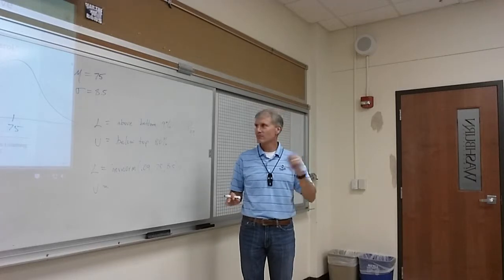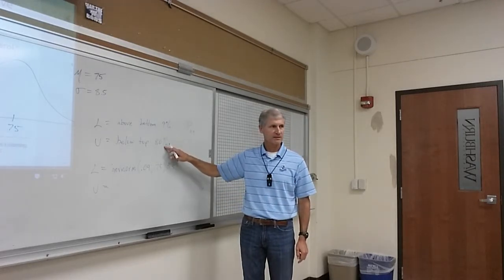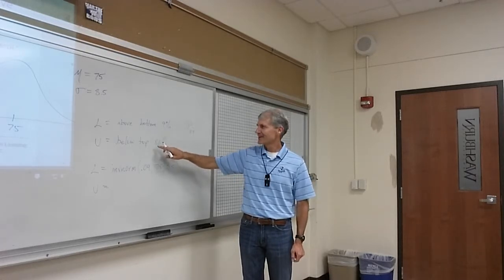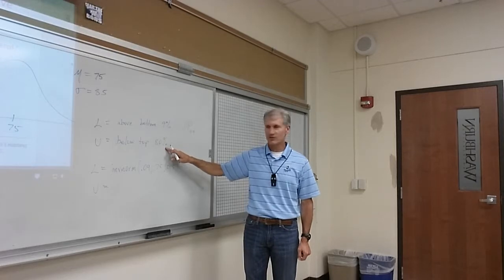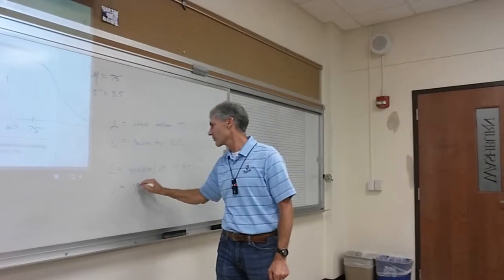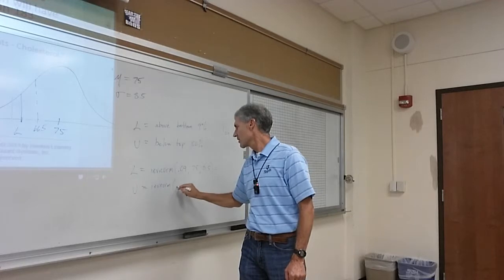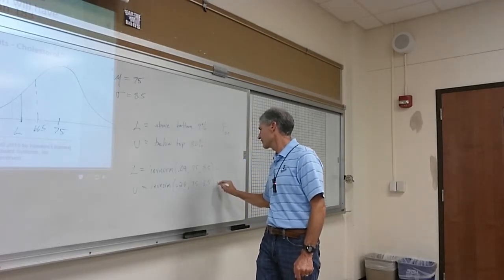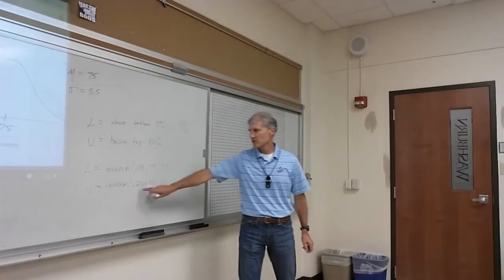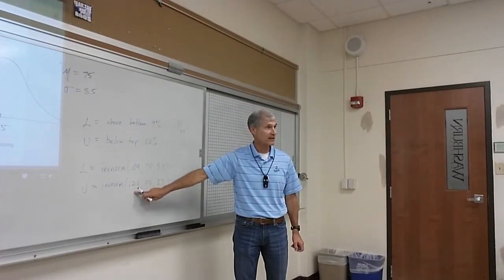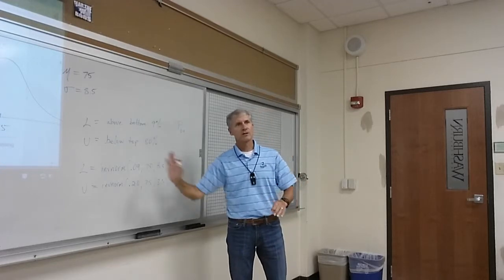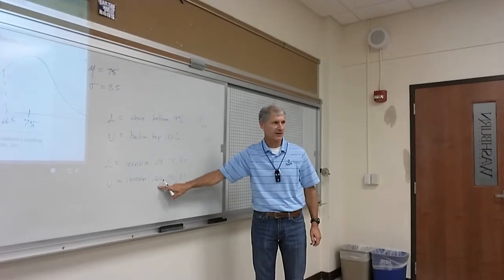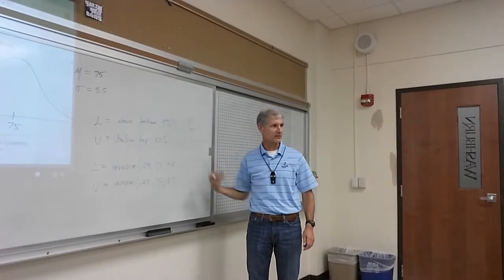Take 1 minus 0.8 to get 0.2. So upper will be inverse norm of 0.2, 75, 8.5. And that's the tricky part, not putting 0.8 in there. You have to realize, oh, upper 80 means lower 20. The calculator wants the area to the left, not the area to the right.